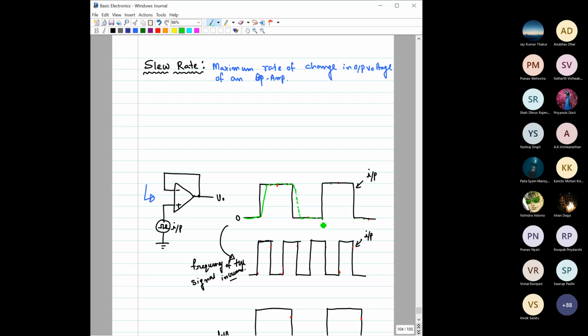Even though this is an op-amp in the voltage follower configuration, if you apply a square wave input, you will get an output waveform which looks like this.